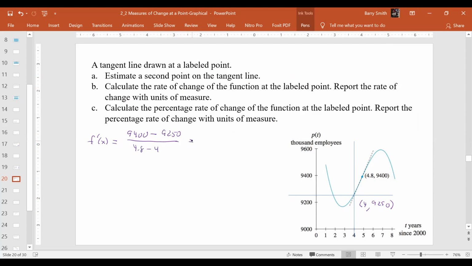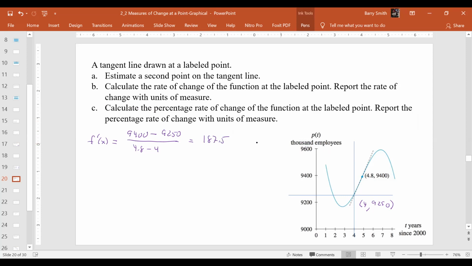And so that equals, plugging that into my calculator, 9400 minus 9250 divided by 0.8, and we get 187.5.